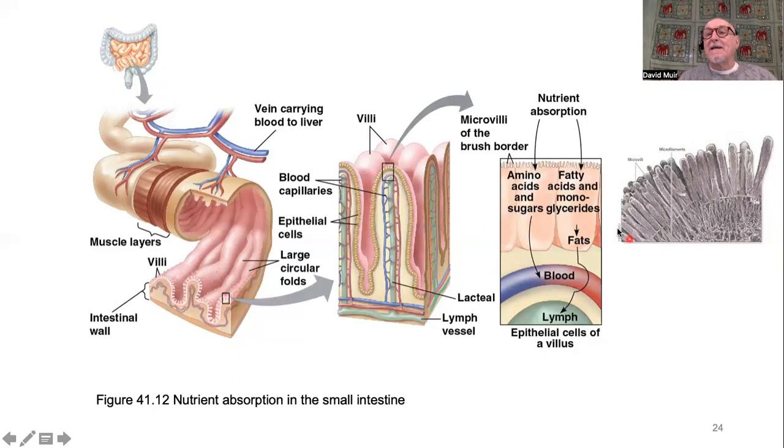It is folded into these microscopic folds called the microvilli, which coat the surface of the whole of the interior of the small intestine. And this means that the surface area is absolutely enormous as we go through the whole small intestine. And the nutrient absorption can be efficient.